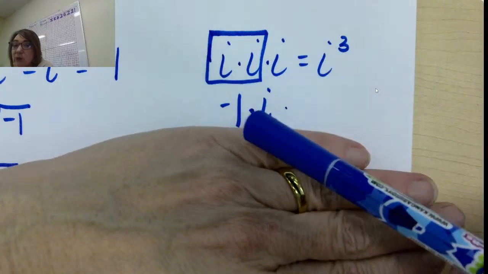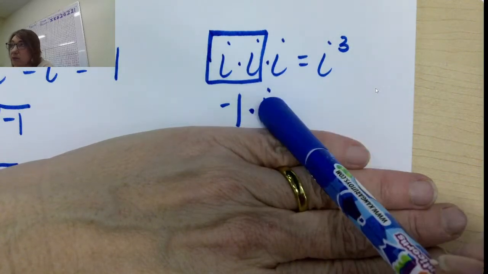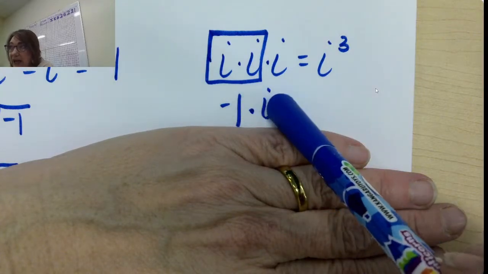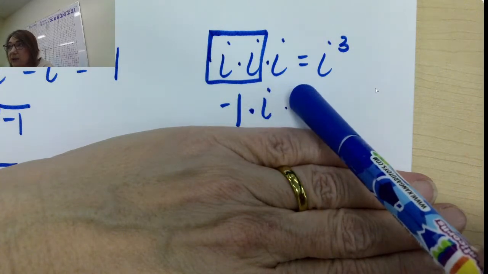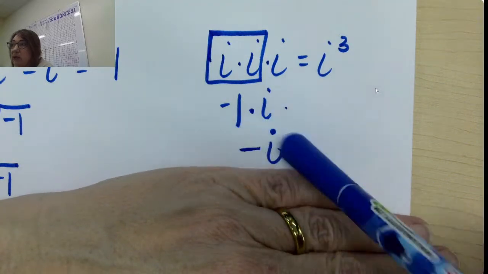All I did was replace the I squared component with negative 1. The single I is still there. So negative 1 times I would be negative 1I. But we don't need the 1, so we can just write negative I.